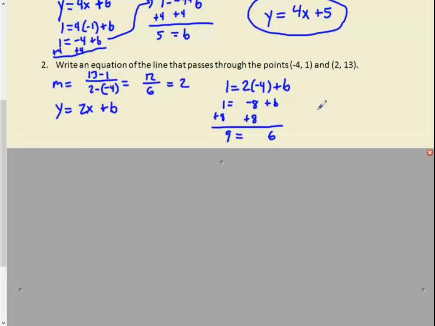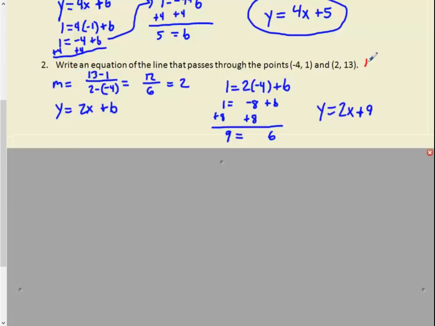And now we know our equation is y equals, our slope is 2, so 2x, and the y-intercept is 9, so plus 9. And notice that if we substitute the values of x and y from the other point into this equation, we should get a true statement.